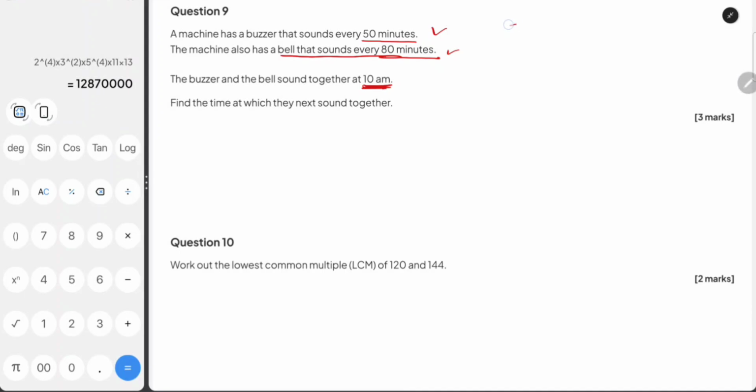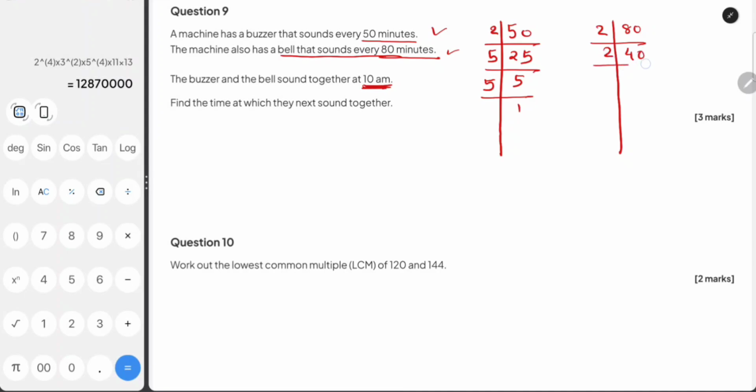Clear? So for LCM, let's do the prime factorization. So divide by 2, that's 25, 25 divided by 5, that's 5, and 5 divided by 5 is 1. And for 80, it is divisible by 2, 40, 40 divided by 2, 20, 20 divided by 2, 10, 10 divided by 2, 5, 5 ones are 5.